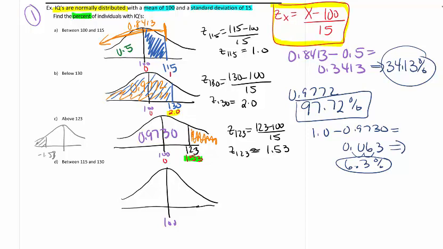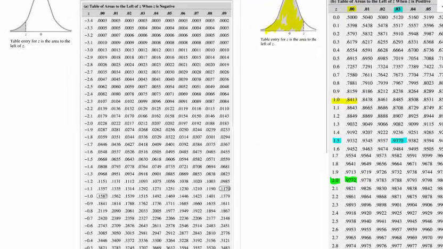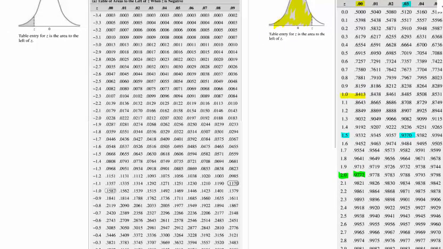So I actually can look at my chart and go to the negative piece, and I'm looking for the negative 1.5, and then I'm looking for the 0.03 to line that up. You should see that we get the 0.0630.